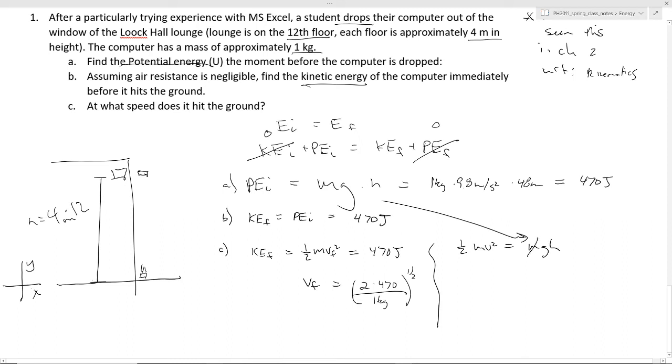Now, if we do it this way, the mass cancels, and we could find that v is just going to be square root of 2gh. Either way, we run the numbers, we'll find that this velocity is 30.7 meters per second. Okay, so this is a very simple example. We're converting gravitational potential energy into kinetic energy.